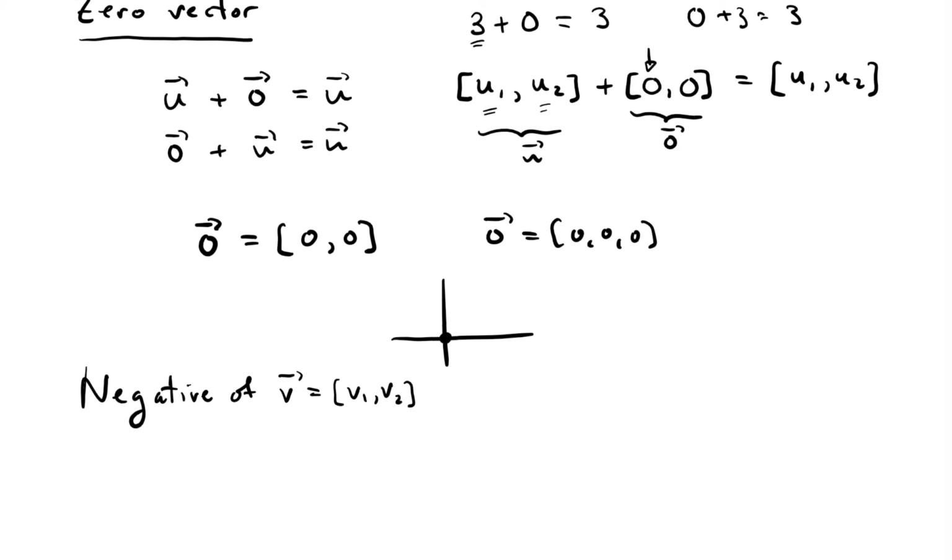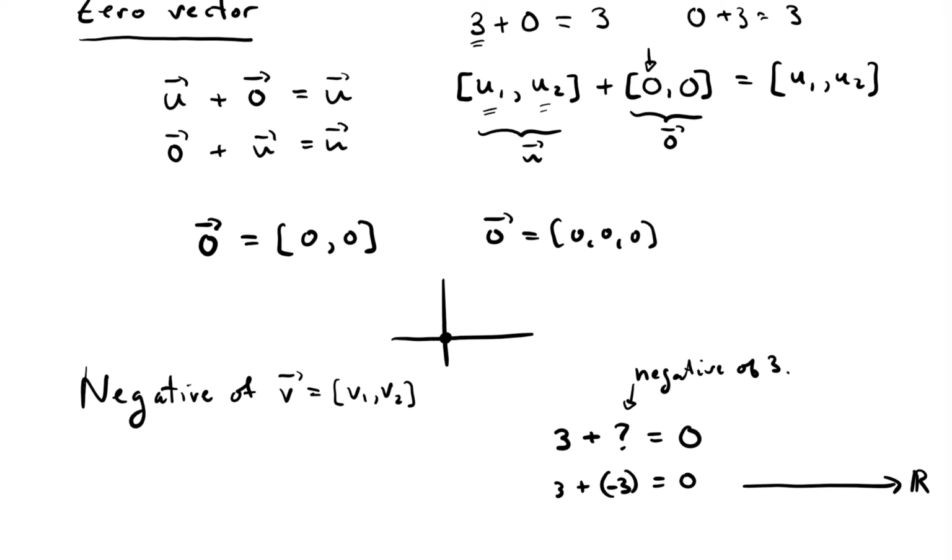When we're trying to find the negative of 3, it's a number so that if I add that number to 3, I'm going to get back the number 0. This is the negative of 3. Okay, so we call that number minus 3. So 3 plus minus 3 equals 0.